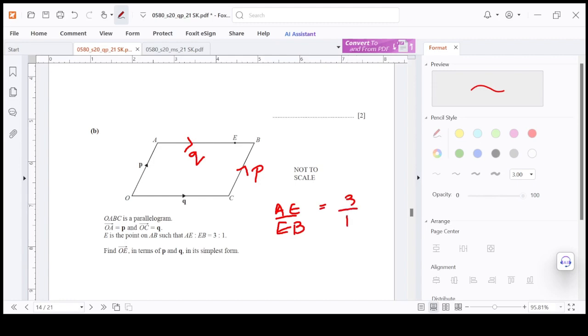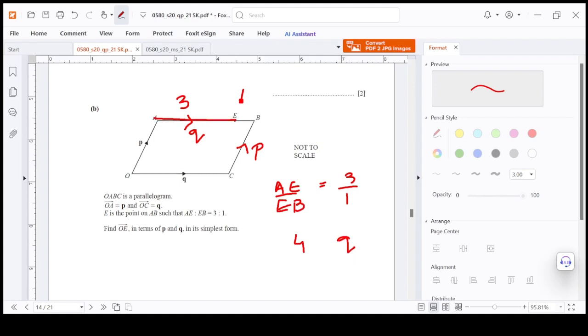Okay, so that means that AE has 3 parts and EB has 1 part. So in total this has 4 parts. So that means in total this has 4 parts as well. So this has 4 parts. 4 parts represents Q, and then this has 3 parts.